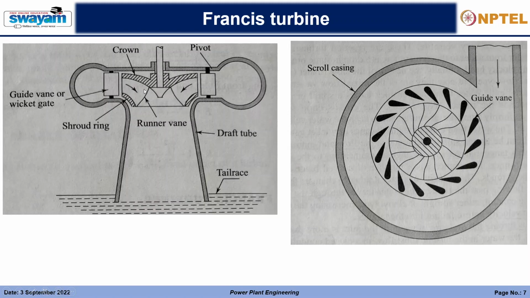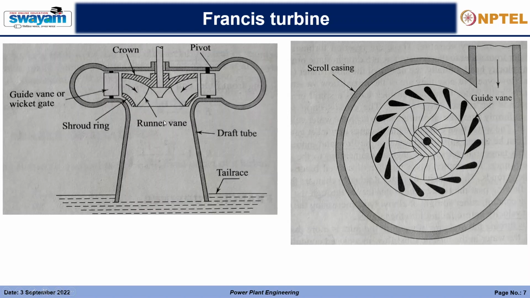The runner blades are so designed that the entry of the jet is in the radial direction, but the exit is in the axial direction. Axial meaning along the shaft longitudinal axis.